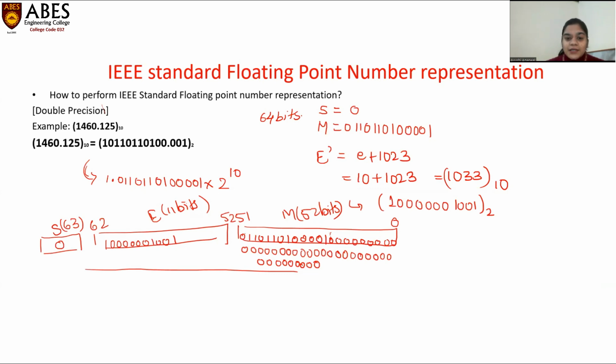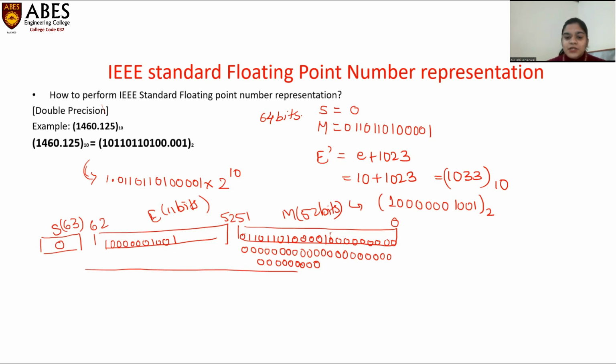Then you will calculate your mantissa. You will get your normalized value of mantissa from your normalized value. Then calculate the biased exponent. In case of double precision, your biased exponent will be E plus 1023.